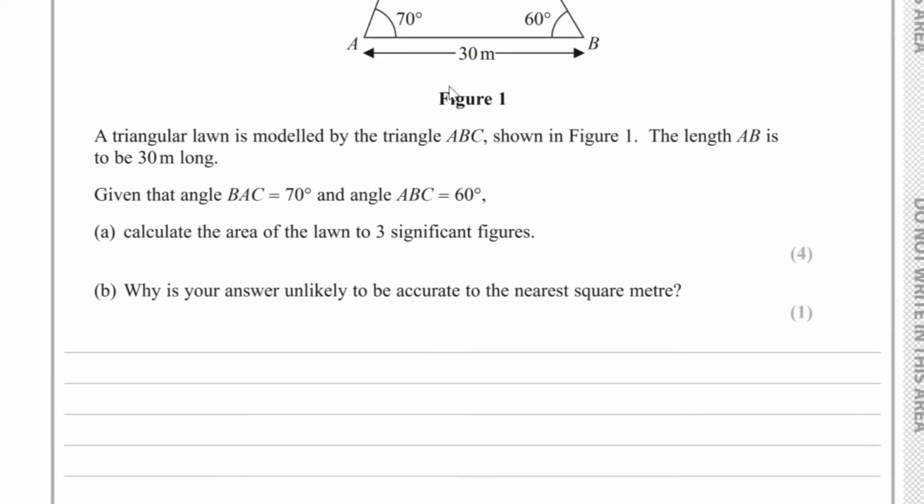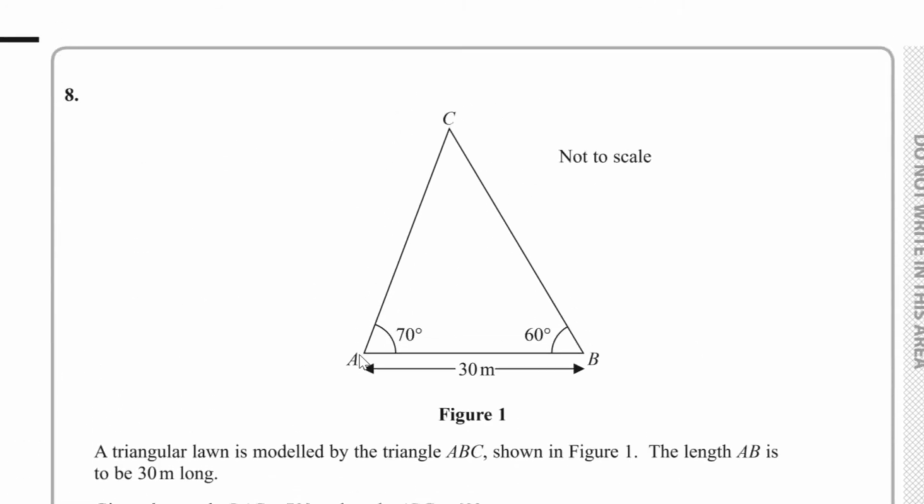And so the angle ACB will equal 180 minus 70 minus 60, which is 50. We've got 50 degrees. The 50 degrees would go here.